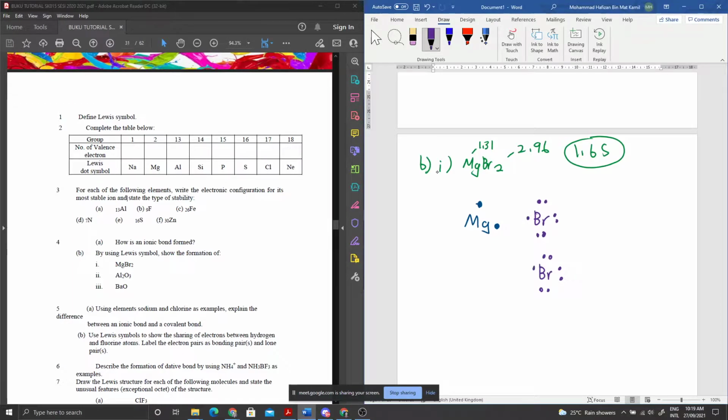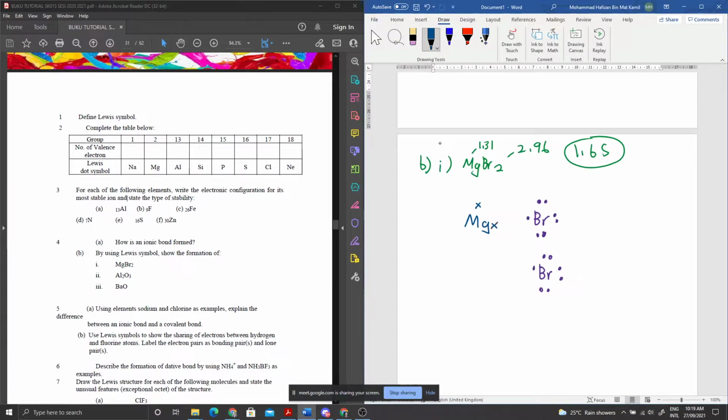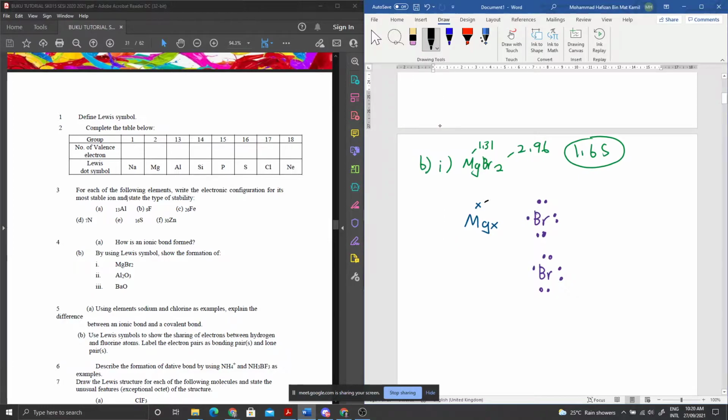What if I want it to look nicer: instead of using dots for both species, I use dots for one species and crosses for the other, so you can illustrate the electron transfer better. So I use crosses. What is required in your drawing is that you show the electron transfer from magnesium, which donates its electrons to 2 bromine atoms.